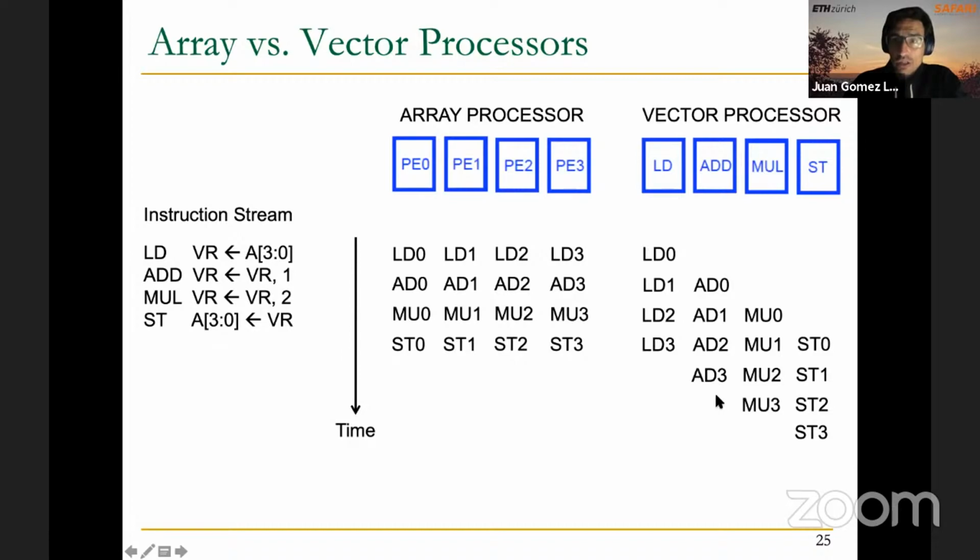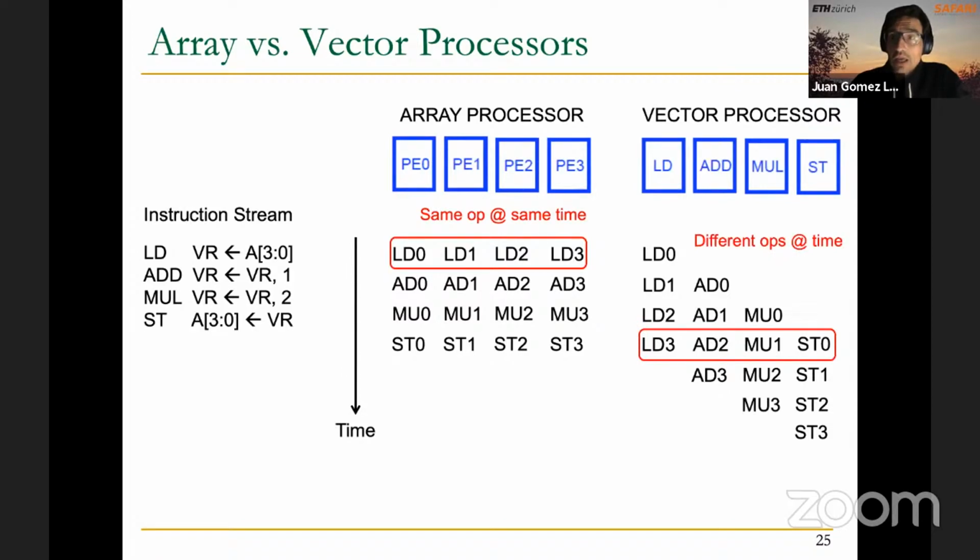So you can already see the differences between the array and the vector processor, how the microarchitecture could be different, even though we may program them in the same or a very similar way. In the array processor, we have the same operation at the same time. In the vector processor, we have different operations executed at the same time.